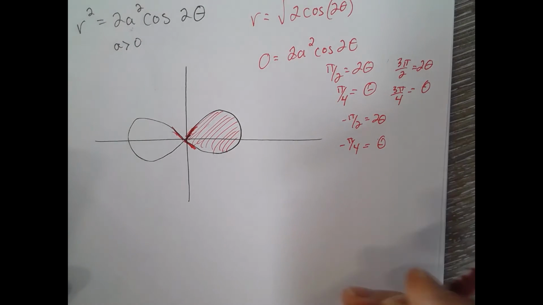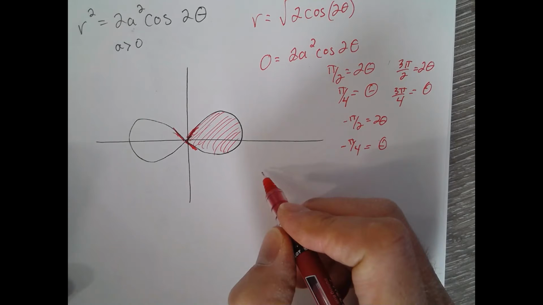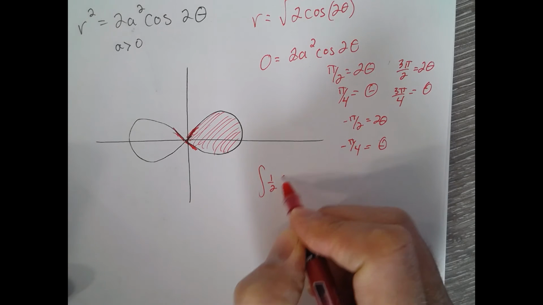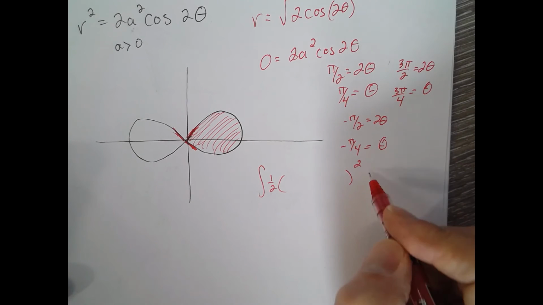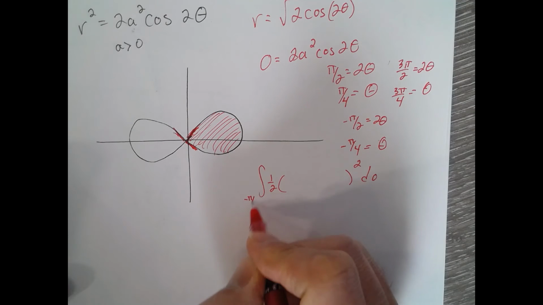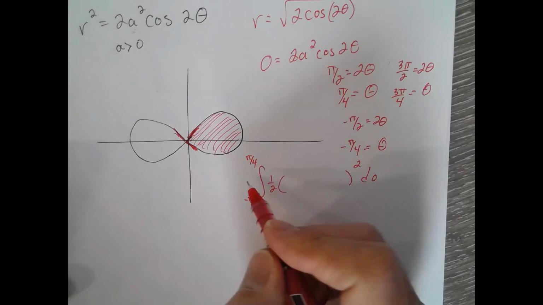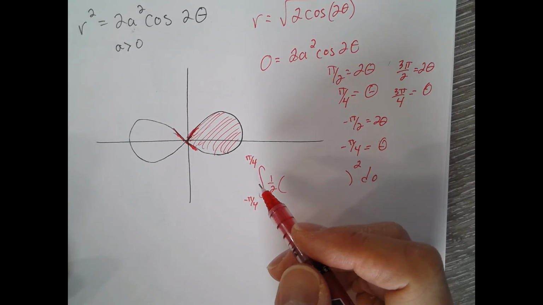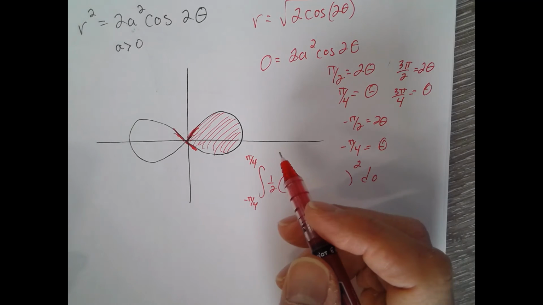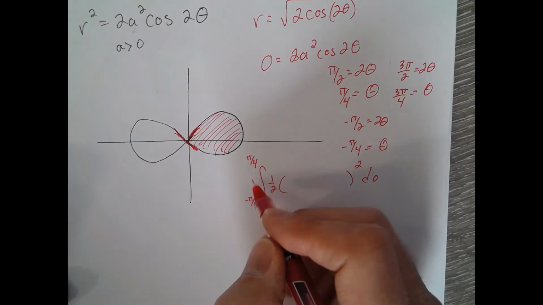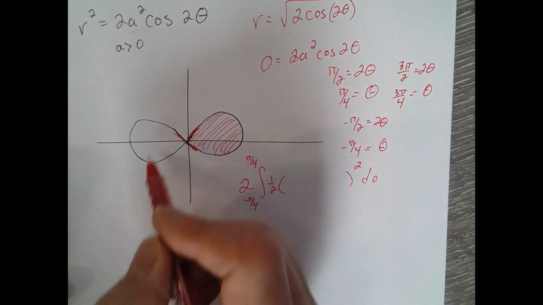So back to this problem, we're going to integrate 1/2 r squared d theta from negative pi over 4 to pi over 4. And I might as well, does it say to do the whole thing? What number is this, 15? Inside the whole thing. So I'm going to double it, and that'll give us both of them.